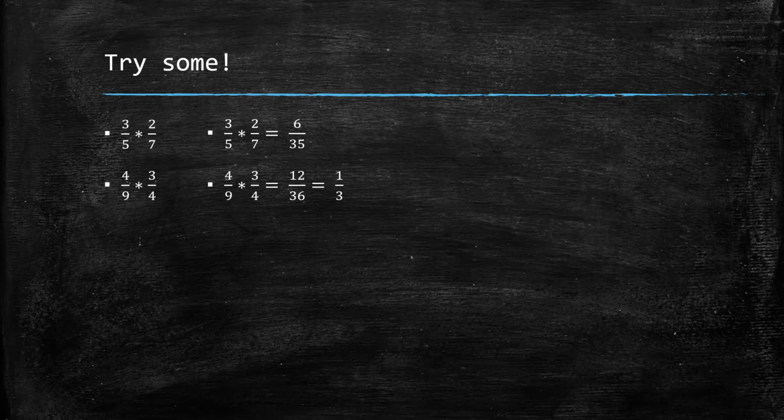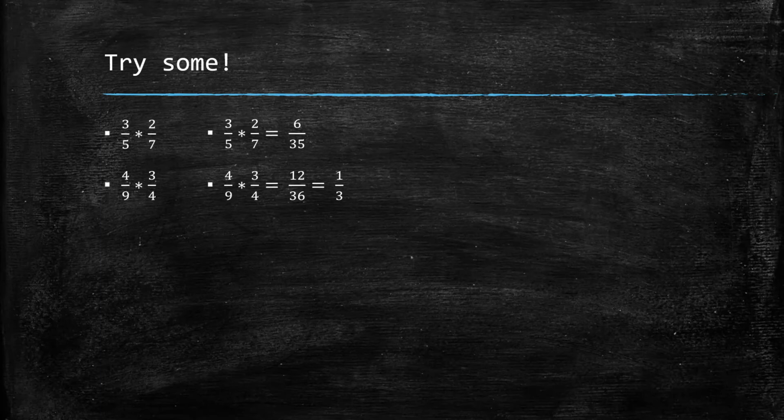We can do it in multiple steps, but in this case you may notice that the greatest common factor is 12, so we're going to divide both the numerator and the denominator by 12. So 12 divided by 12 is 1, and 36 divided by 12 is 3. So our final answer is 1/3, and that's as simple as it gets.